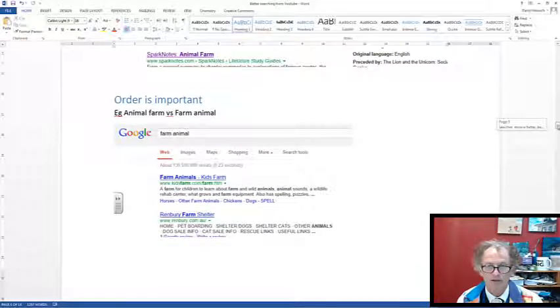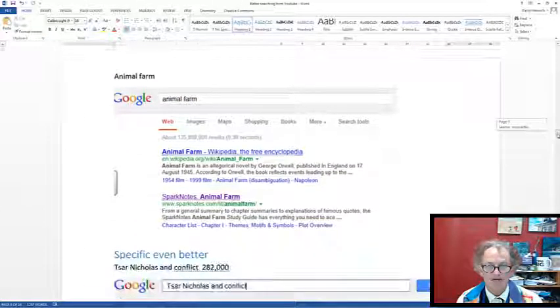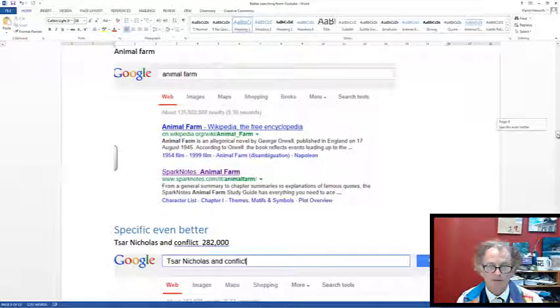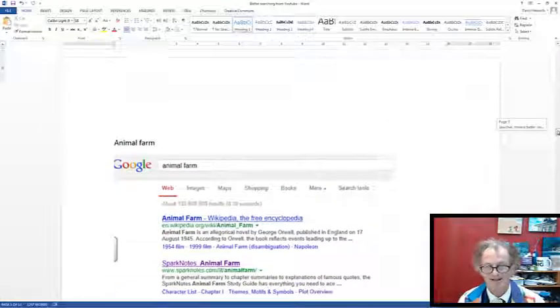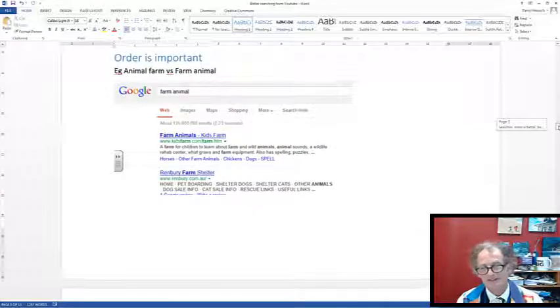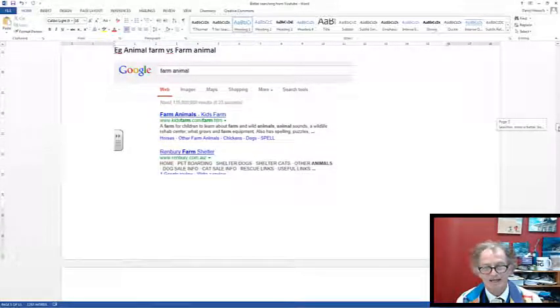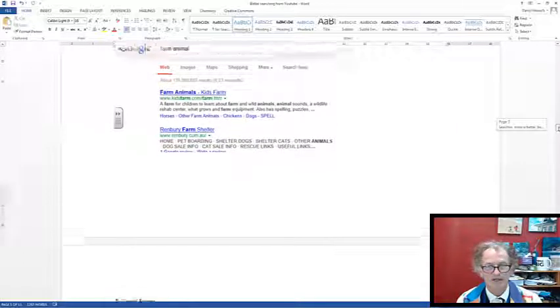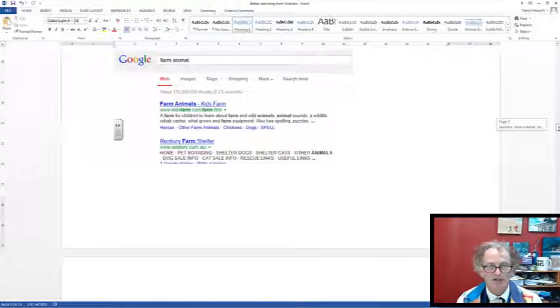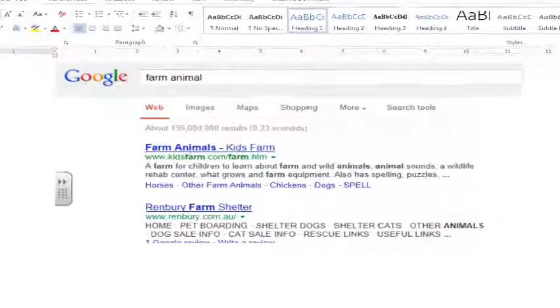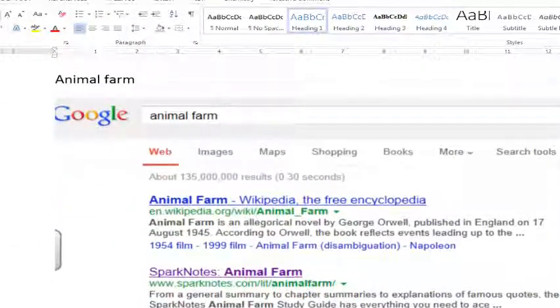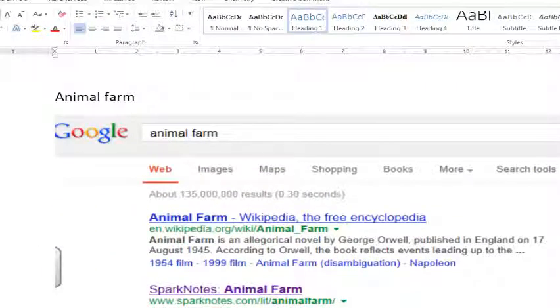Yet down here if I go Animal Farm we have the same amount of hits, but you'll notice that even though the hits are the same, you're bringing up different items. Look how in Farm Animal you're bringing up Kids Farm and a farm shelter, but yet if you go Animal Farm you're getting a different set of search results.